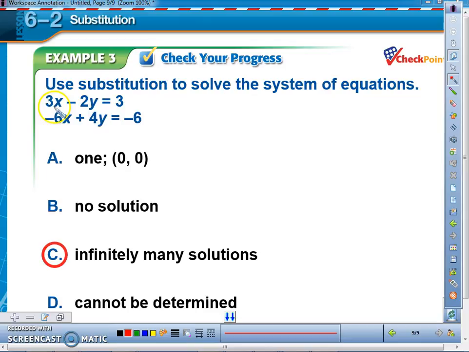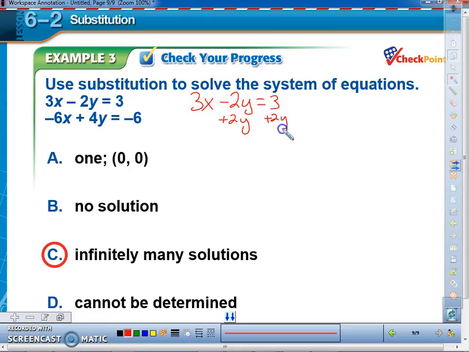Okay, now it looks like either one of these is going to take a couple of steps to solve. So I'm going to go ahead and solve the top one, and let's solve it for x. We have 3x minus 2y equals 3. So if I solve it for x, I'm going to add 2y to both sides, and I come up with 3x equals 2y plus 3.